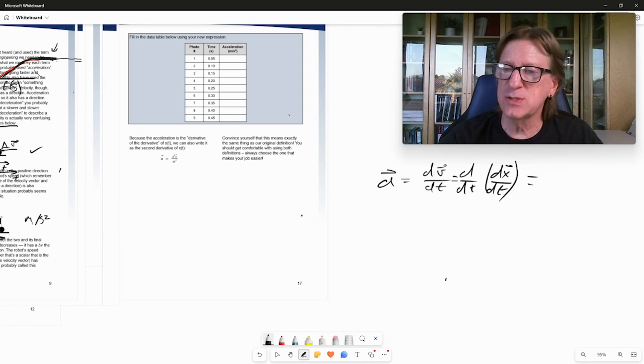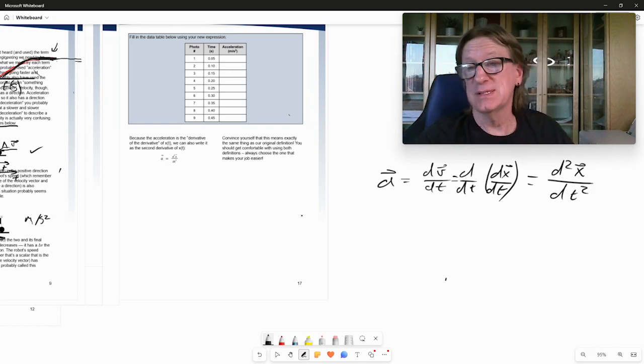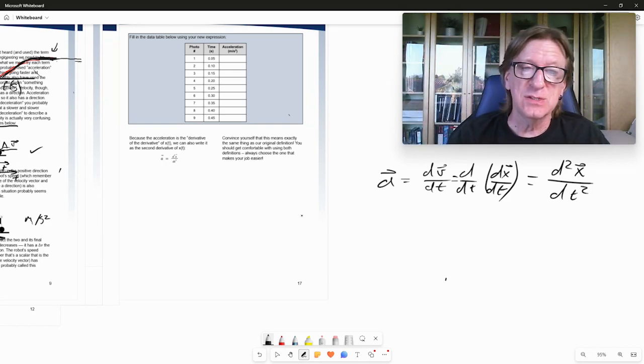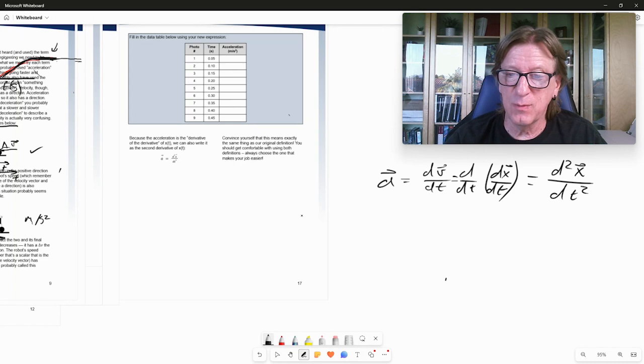So I could also write this as the second derivative of the position with respect to time, and that'll give me exactly the same thing. So we did our math, we got our work, and we said, okay, a of t, which is a vector, was going to be 65.4 t.